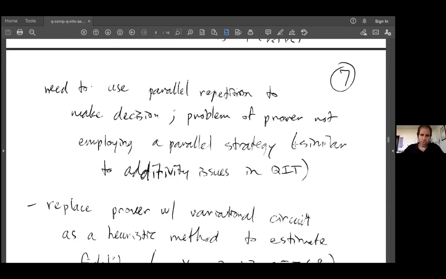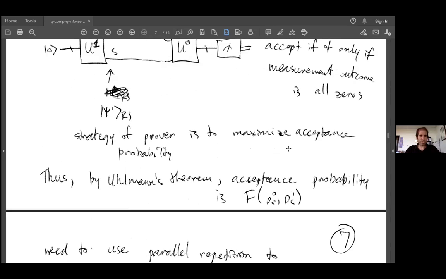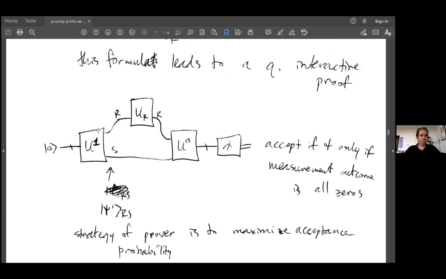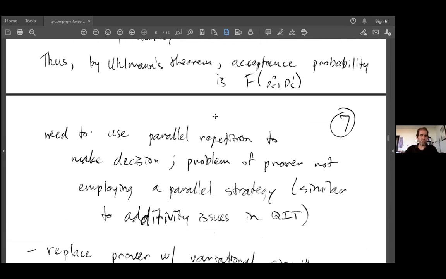And I'll note, for those who studied quantum information theory, this is very similar to additivity issues that crop up in quantum information theory. Often we're considering parallel uses of a channel, and maybe we're maximizing an information quantity with respect to inputs, and those inputs can be entangled or parallel, and so it's very similar conceptually to what goes on with additivity.